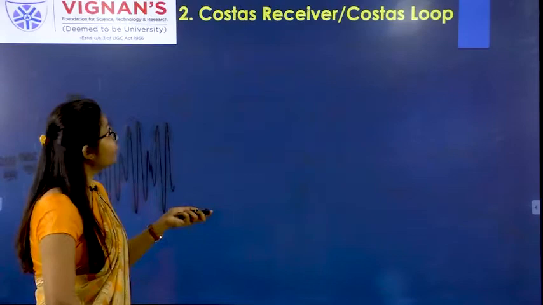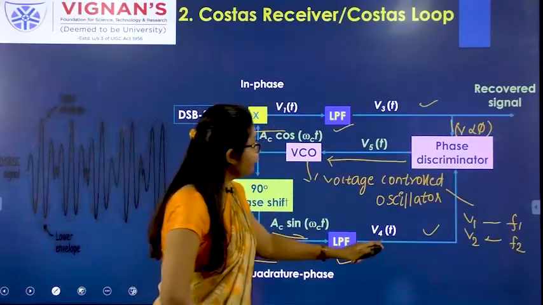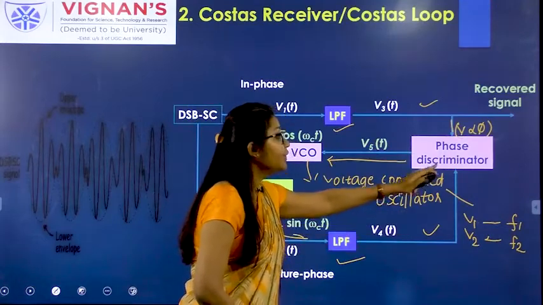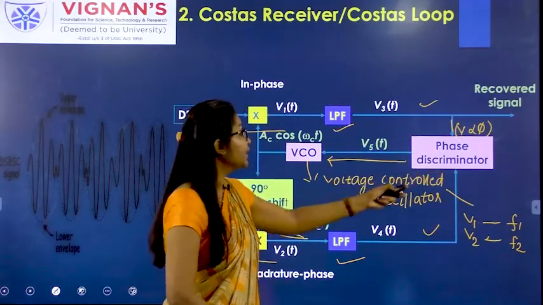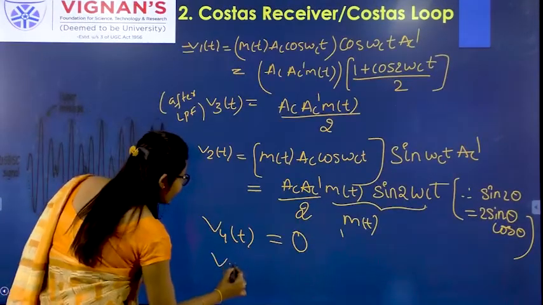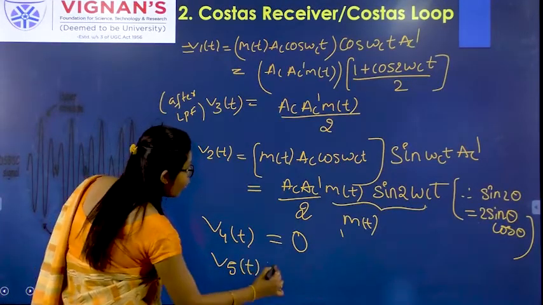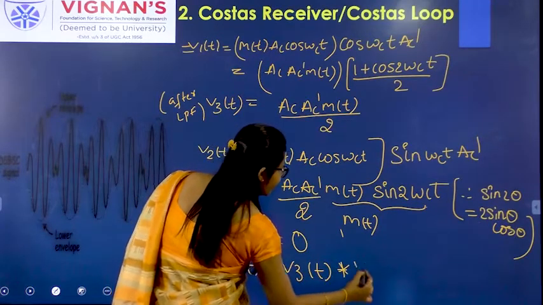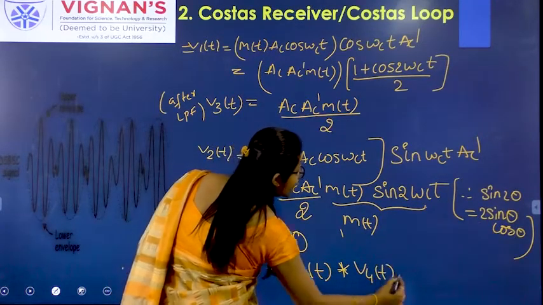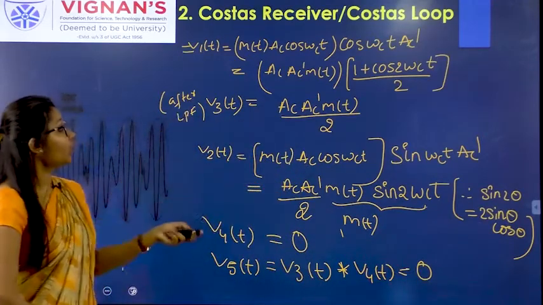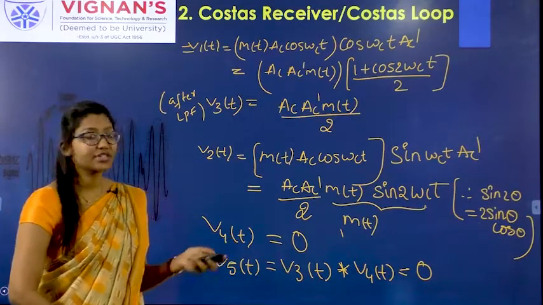Now the V3 of t value we have and the V4 of t value also we have. So both will be given to the phase discriminator, where you will get the V5 of t value, that is the product of both V3 of t and V4 of t. V4 of t value will be 0, so 0 into V3 of t, you will get the value 0.